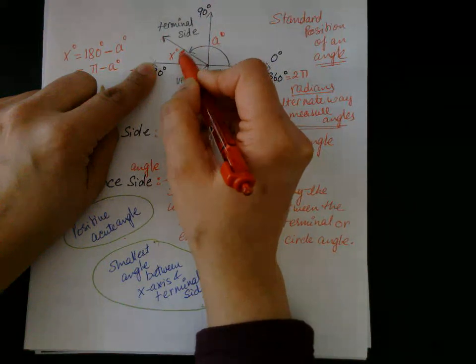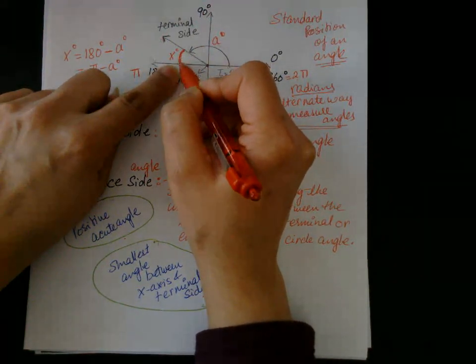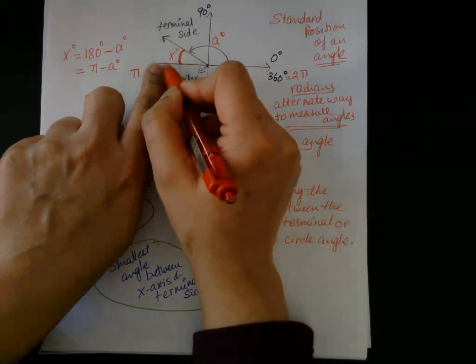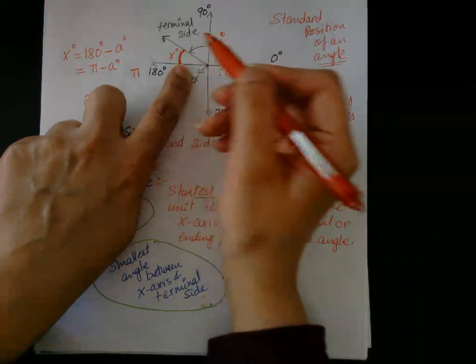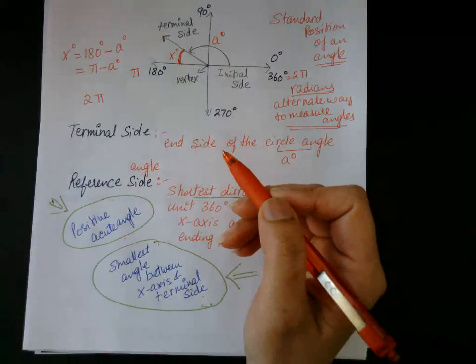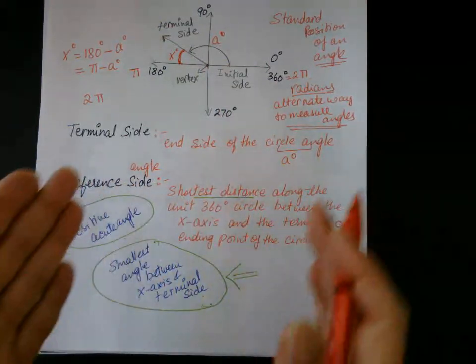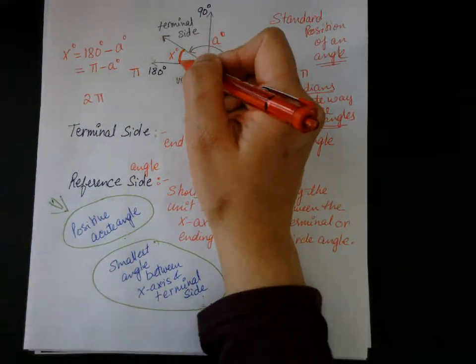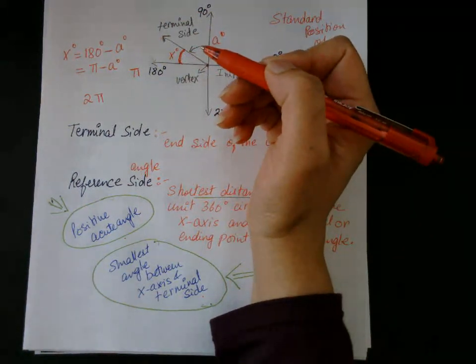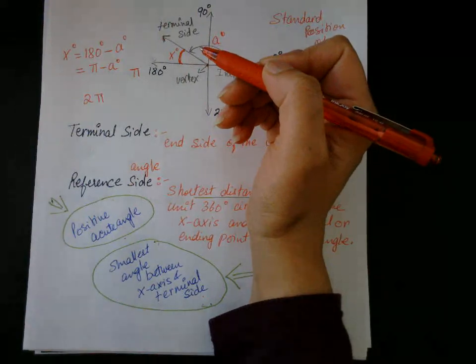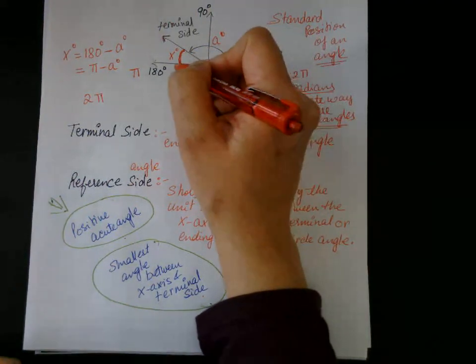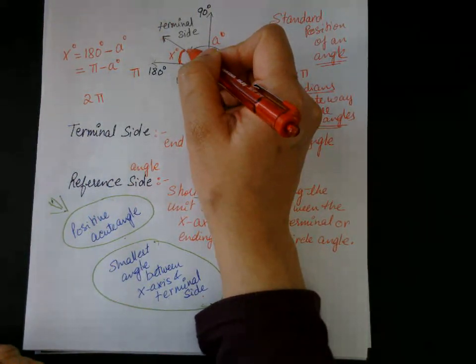The leftover part, the angle formed between the x-axis and the terminal side, is called the reference angle. An easy way to understand it without all these definitions: the reference angle is always a positive acute angle, and it is formed between the x-axis and the terminal side.